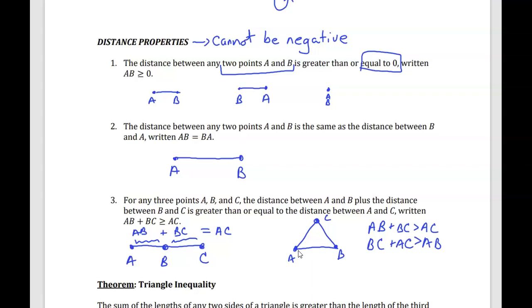And lastly, AC plus AB has to be greater than BC. So these two lines have to be greater than this line. Again, if they're equal to each other, then they collapse on each other and make a straight line, like this.